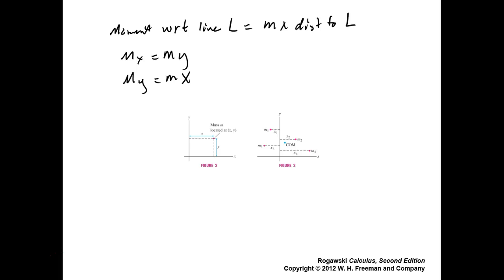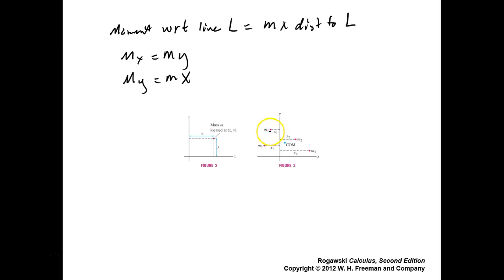With those in place, that means your x1 is negative, right? It's to the left of the origin. So this would be a negative quantity, that would be a negative quantity, this would be a positive quantity, that would be a positive quantity. But you add up all the moments and divide by all the masses. Now this is with respect to the y-axis. You would need to do the same thing with respect to the x-axis.